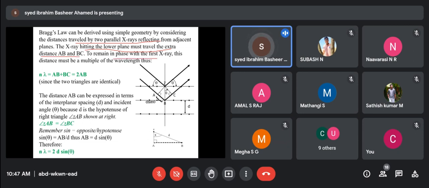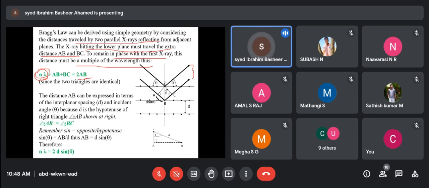To remain in phase with the first X-ray, this distance must be a multiple of the wavelength, n lambda, which is equal to AB plus BC, or 2AB. So 2AB is a multiple of the wavelength, and that's why you can say they are in the same phase.